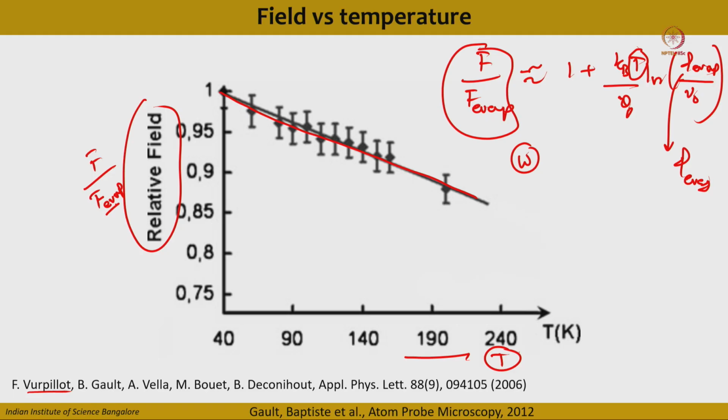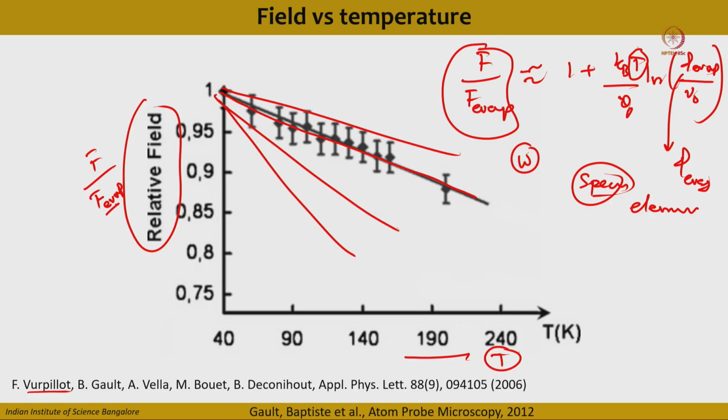Based on the species or the elements, the slope can vary depending upon the element measured for the field evaporation rate. I hope that all the equations are understood. The most important part is that all the equations above assume that this is a thermally activated process.